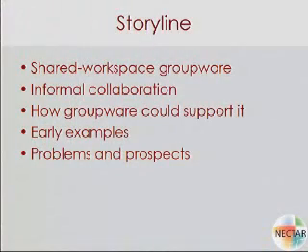So what will I talk about today? I think it comes out to about 50 minutes, so I won't keep you for too long. I'll go over some real basics on shared workspace groupware and some of the things that I think are problematic with that type of distributed system. Then I'll move on to informal collaboration, what it is, and what characteristics are vital from a design perspective to add into our shared workspace groupware systems.